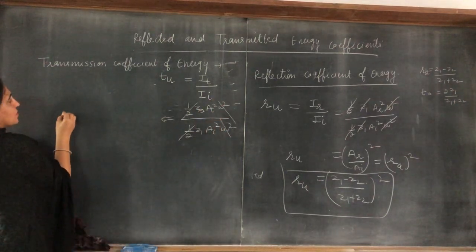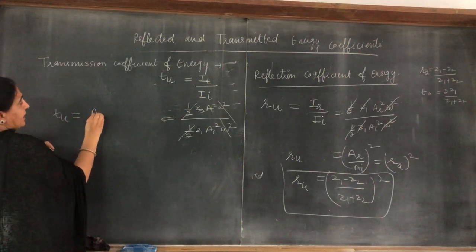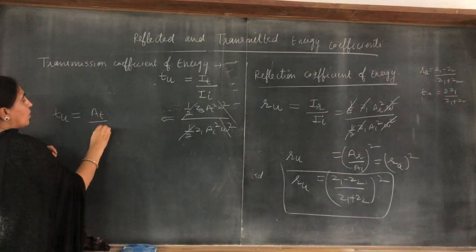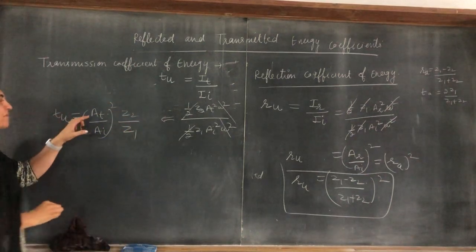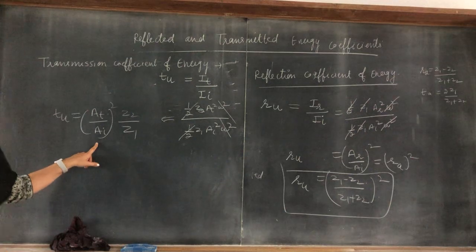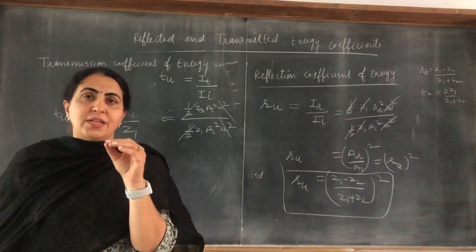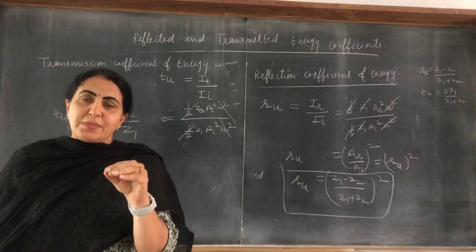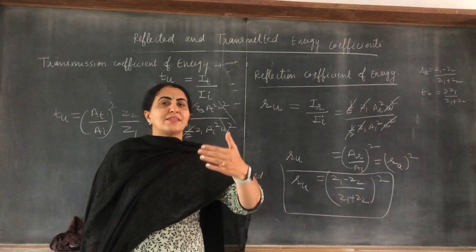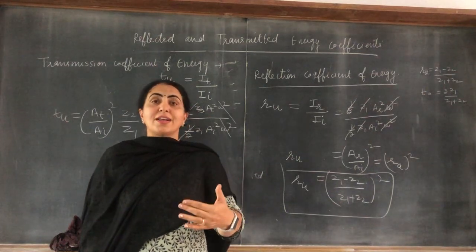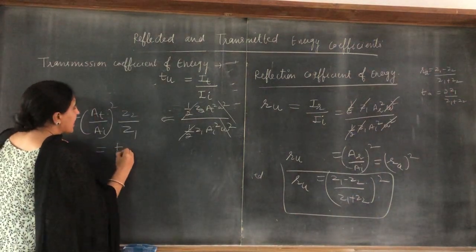So TU is equal to AT upon AI whole square into Z2 upon Z1. And what is AT upon AI? That is the ratio of the amplitude of the transmitted wave to the amplitude of the incident wave. This is the transmission coefficient for amplitude, and it is represented by TA.